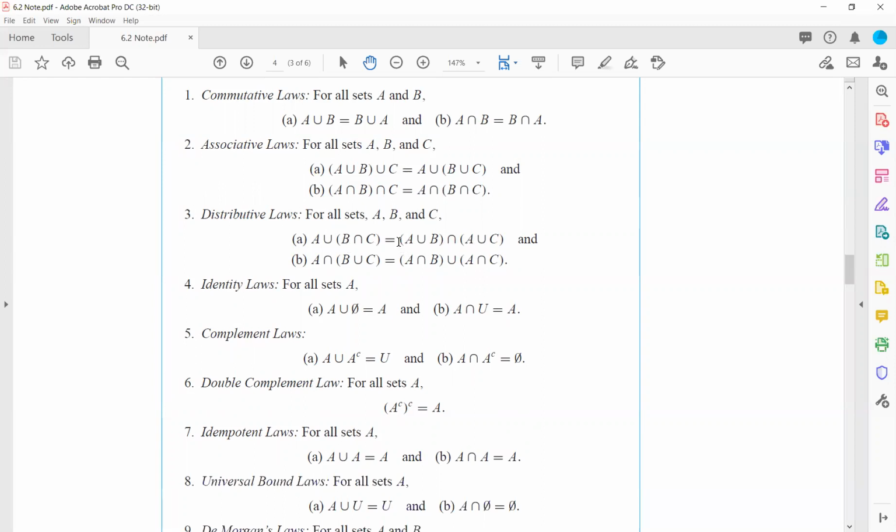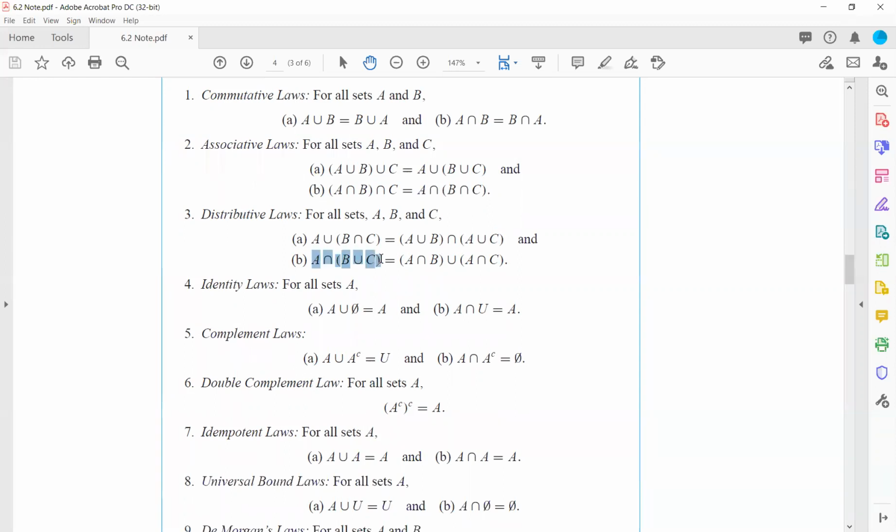It means that if it's written in expanded form, like A union B intersection A union C, you can write this in compact form. From left to right, we can use the distribution. From right to left, we can write it in compact form.